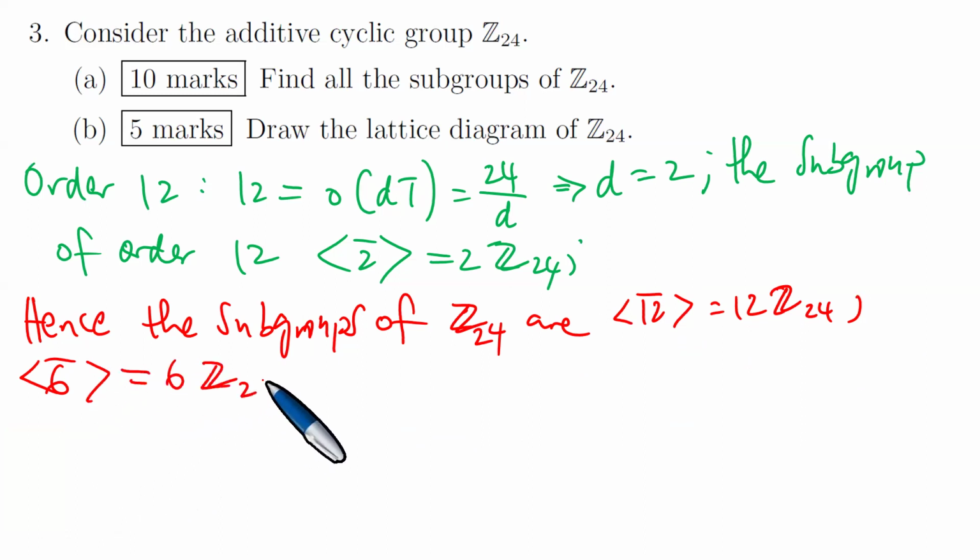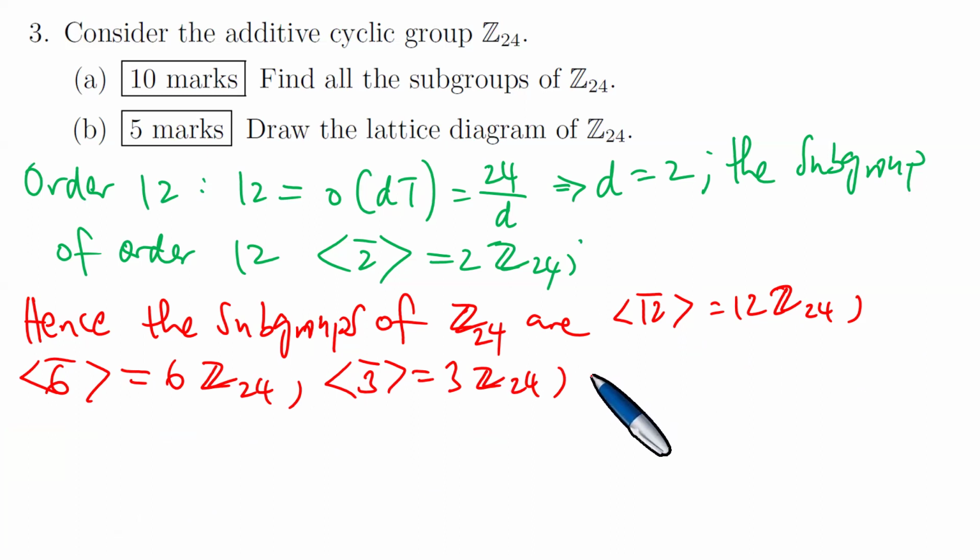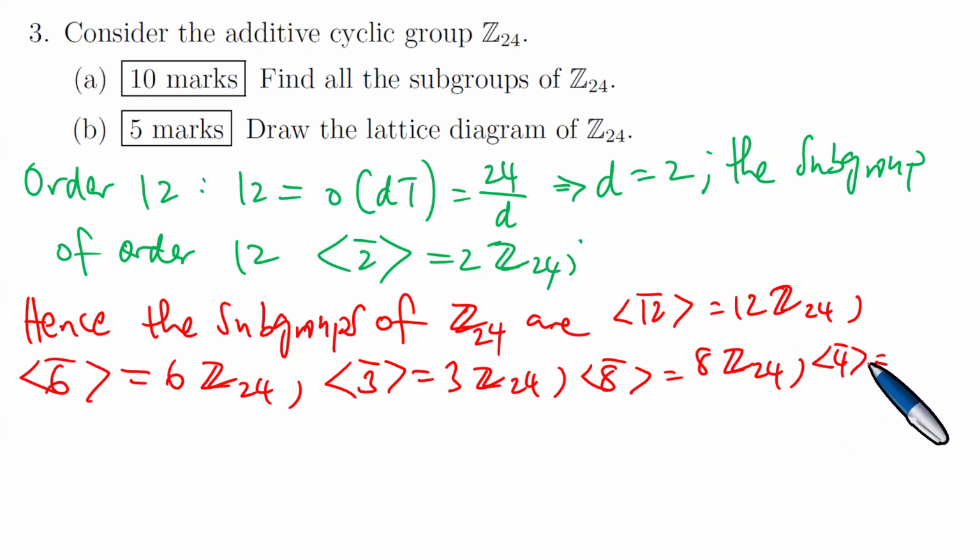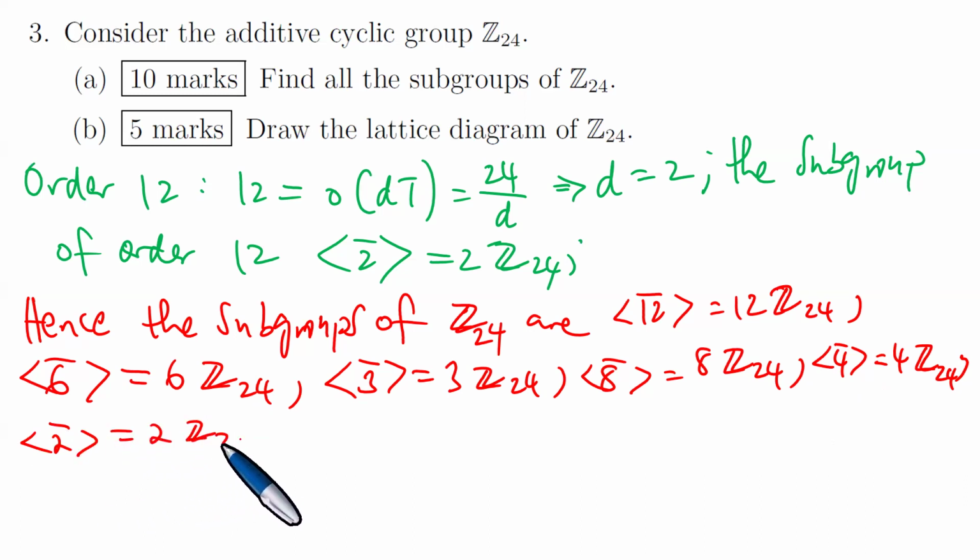So it's 6 bar, which is 6 Z24, 3 bar, which is 3 Z24, 8 bar, which is 8 Z24, 4 bar, which is 4 Z24, 2 bar, which is 2 Z24.